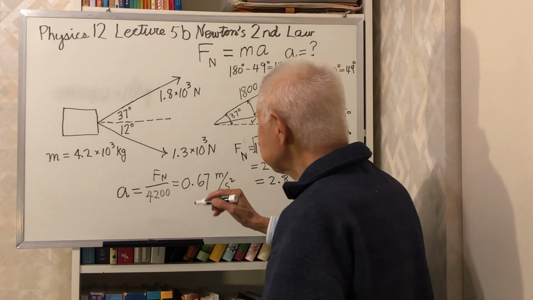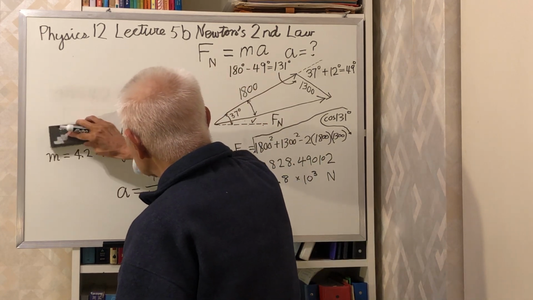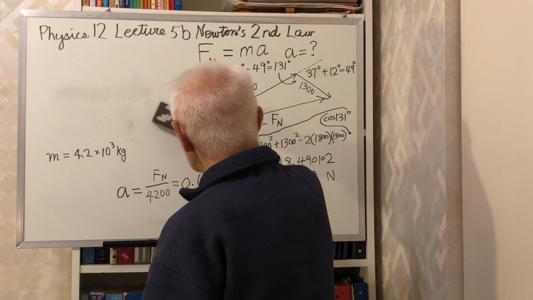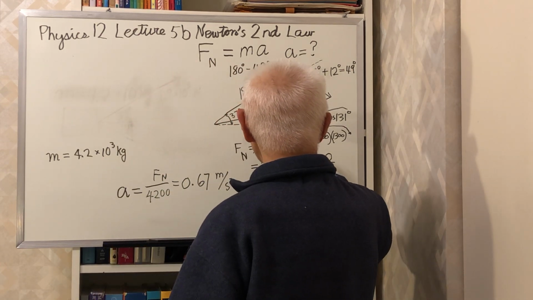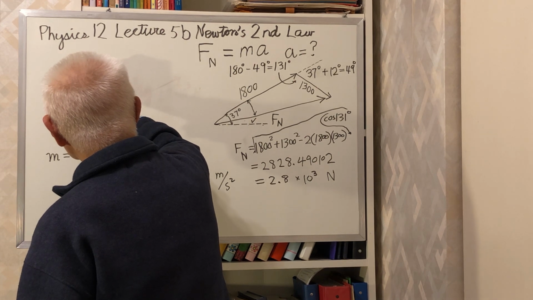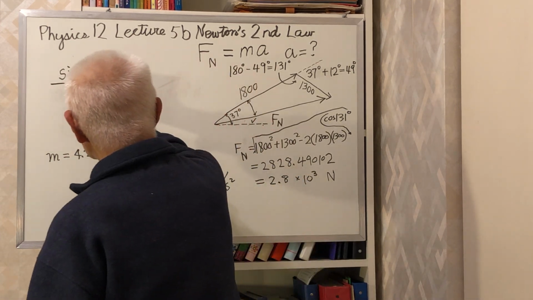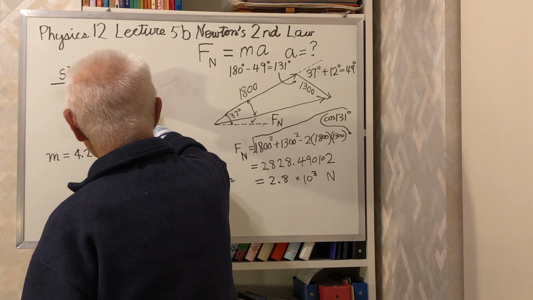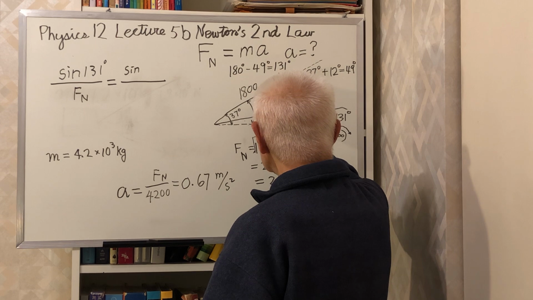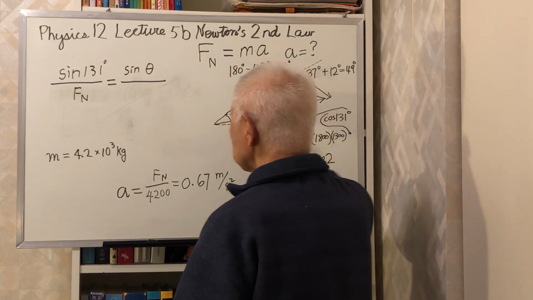The sine law is sine 131 degrees divided by Fnet is equal to sine, let's call this theta, sine theta over 1300.